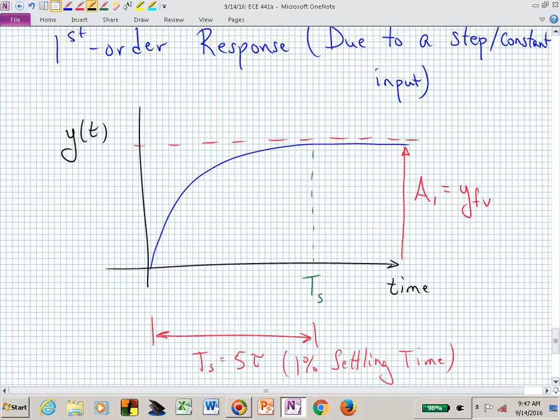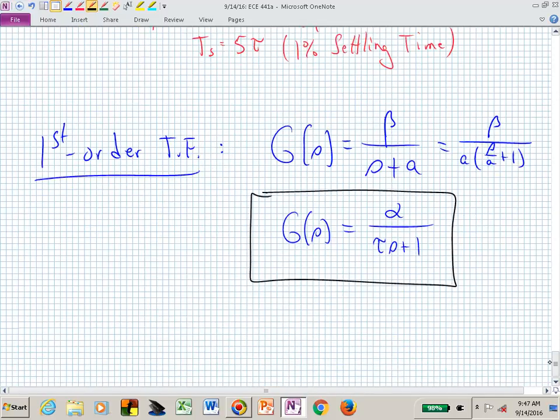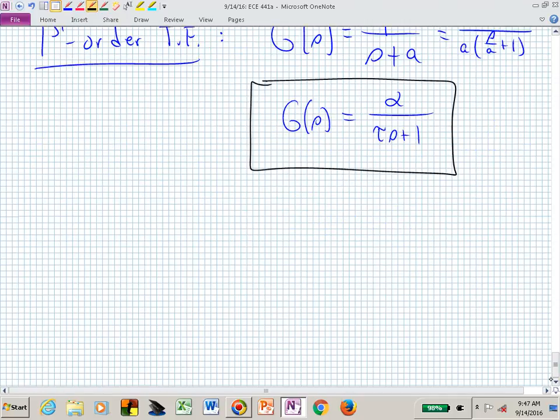And you could measure how fast it charged and where it eventually ended up. You could collect that data. From that data, you can now build a first-order system, which has an alpha and a time constant. That's what we want to do. So let's now look at how we can extract that information.